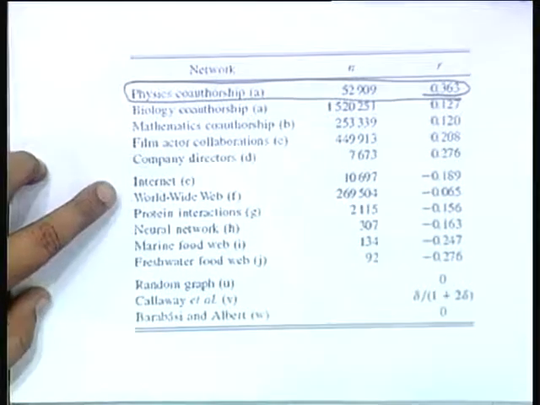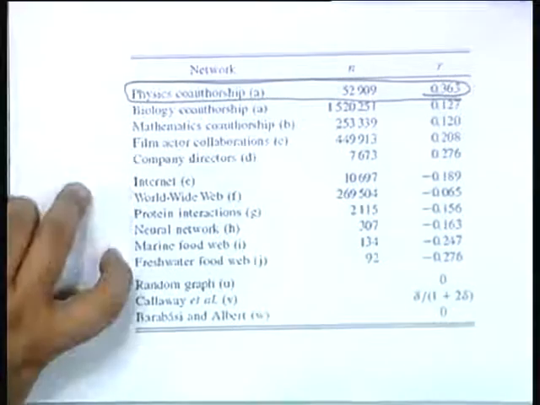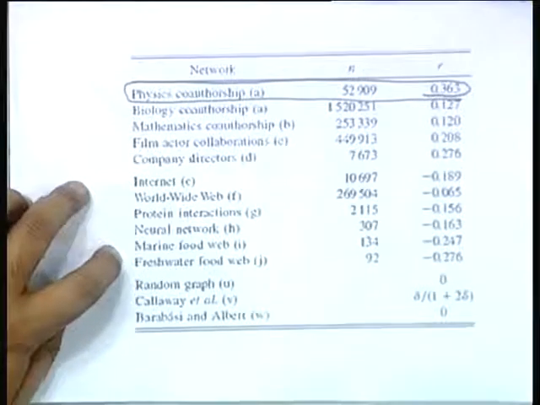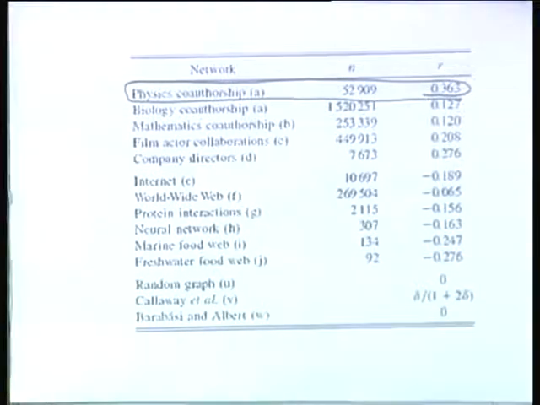Anyway, if you go back to the technological or biological networks, what we see is that they are mainly disassortative. Yeah, a negative value means rich goes with poor.